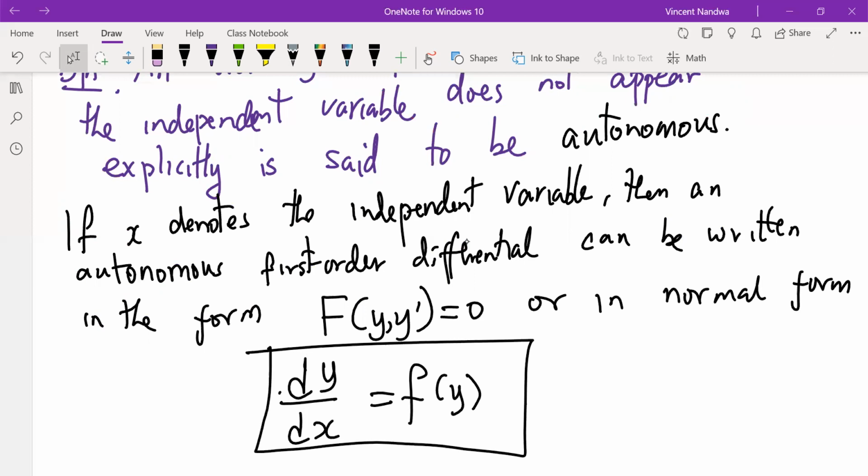So that's what we have as an autonomous differential equation.